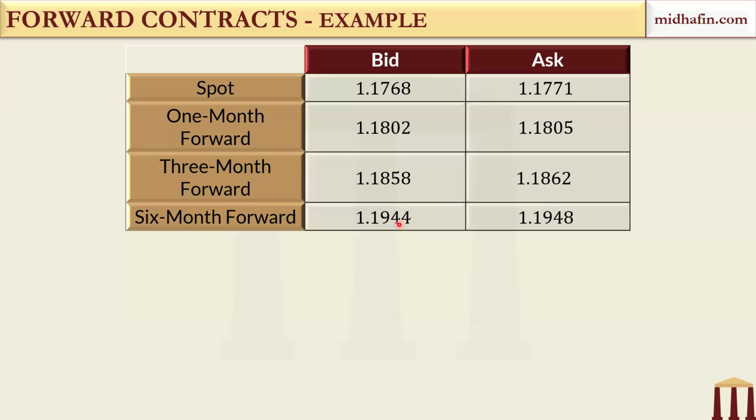Let's say there are two parties. Now, before that, let's see this table first. This table gives you the bid and ask prices for spot rates as well as forward rates over different time horizons, say 1 month, 3 months, and 6 months. So what is the meaning of these two prices?